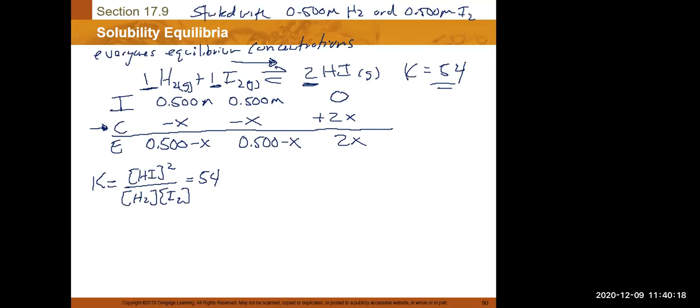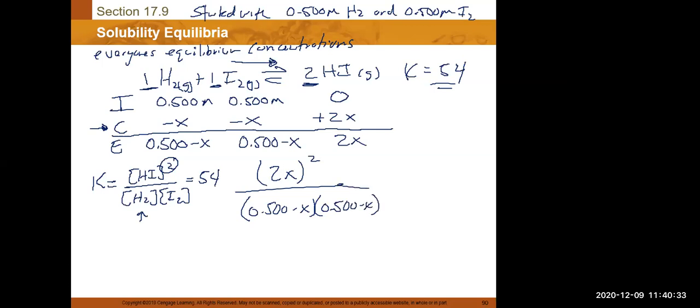So we would have 2X, and we still need to square it because of this, then 0.5 minus X, which is this guy, times 0.5 minus X, which is this guy as well. And that's going to equal 54 in this particular case.